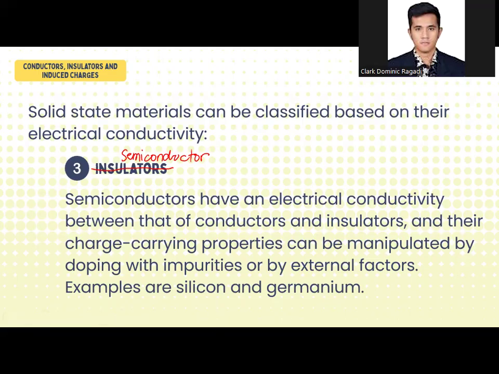Those are the three solid state materials that can be classified based on their electrical conductivity. If the material allows the flow of charge or electricity, it's a conductor. If it does not allow the flow of charge, it's an insulator. If it is halfway between conductor and insulator, it's a semiconductor.